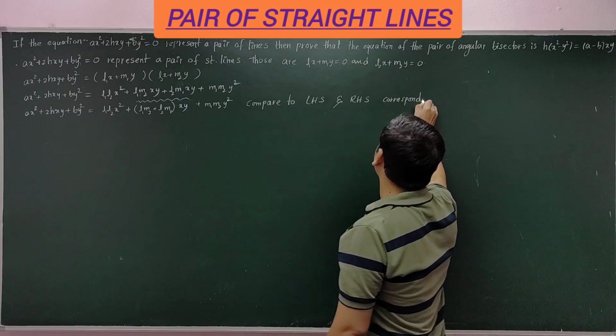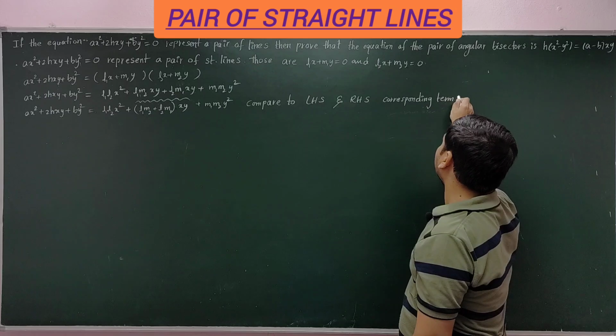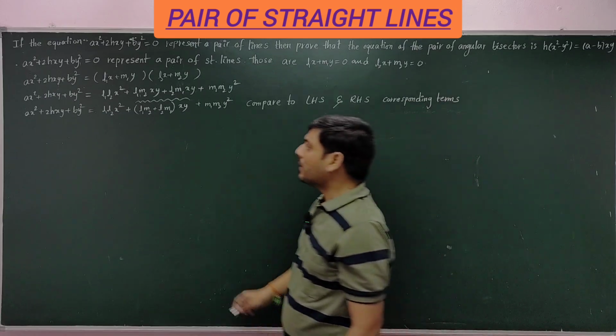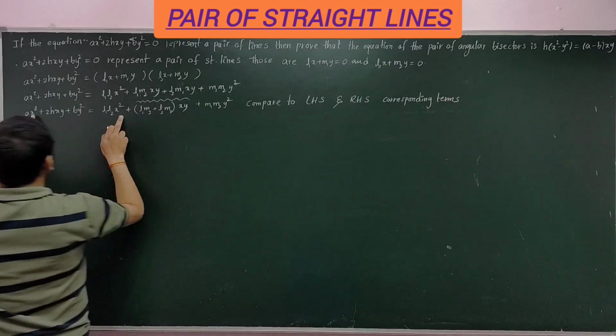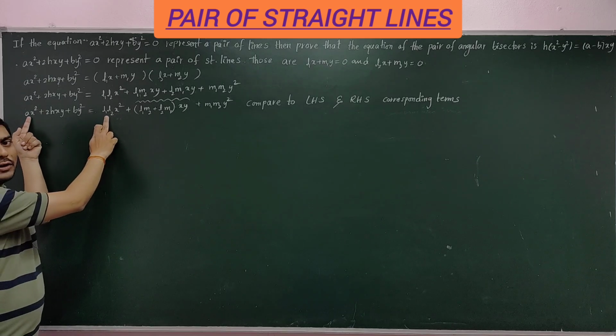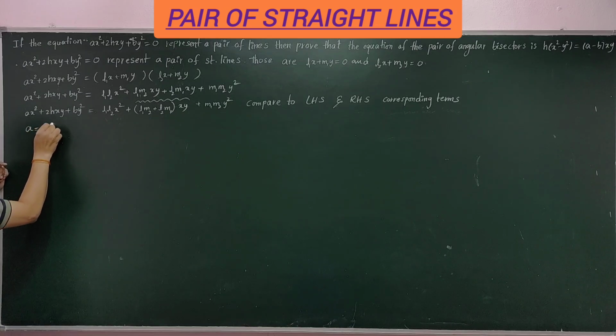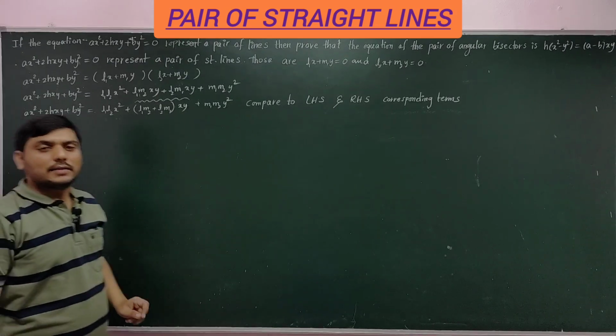What are the corresponding terms, students? Here x square, here x square. You will get the value of small a as L1 L2. A is equal to L1 L2.